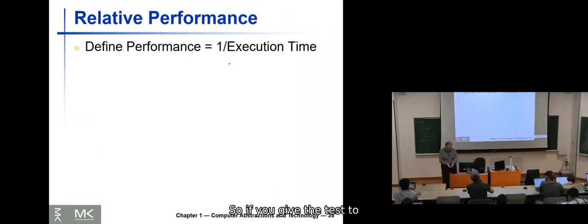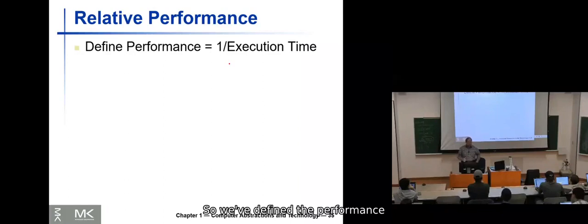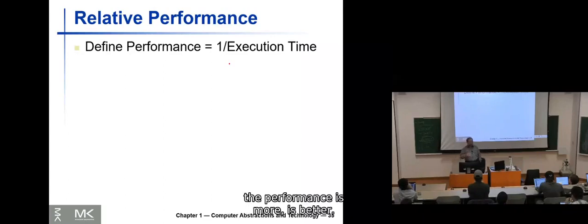So if you give the task to the computer and it takes 1 minute, and then you give it to another one, it takes 2 minutes. So this one is better than that one. This is 1 minute, this is 2 minutes. So we define the performance as 1 over execution time. Whatever execution time is less, the performance is more, is better.